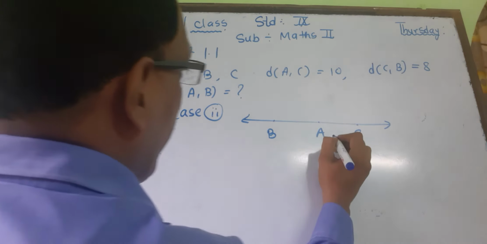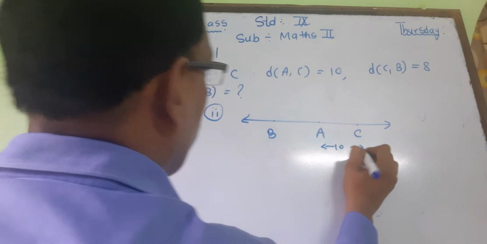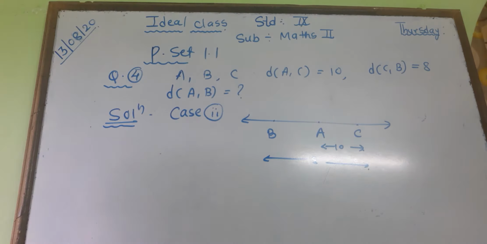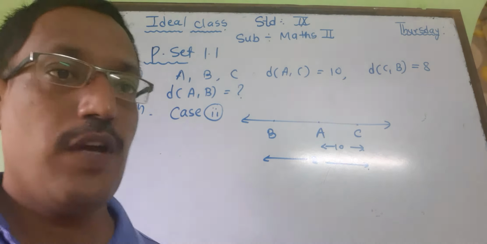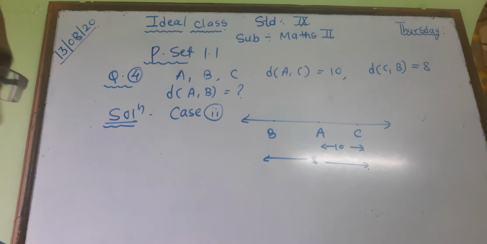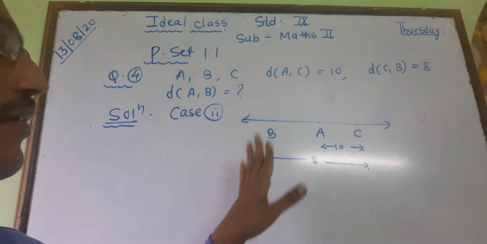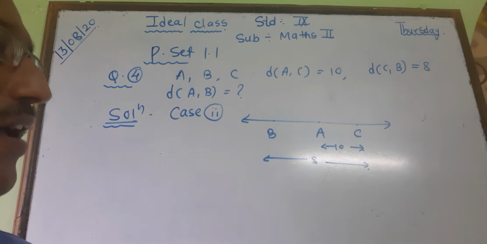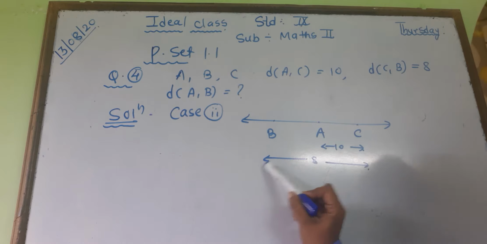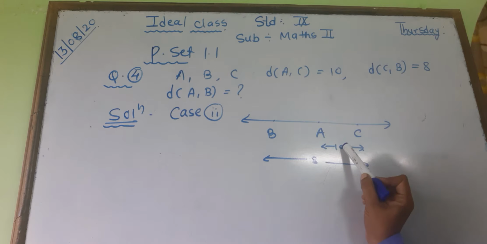Students, again AC is equal to 10, BC is equal to 8. Now students, whatever the case we have taken, that is A is in between B and C, in that case you can see here that it is an impossible case. Why? Because this distance is 8 and this distance is 10.